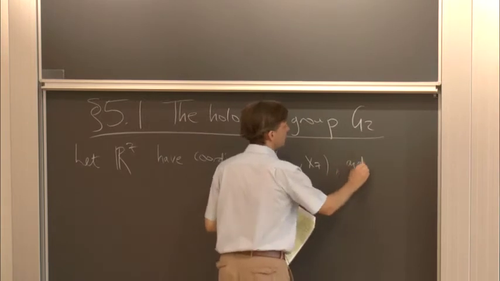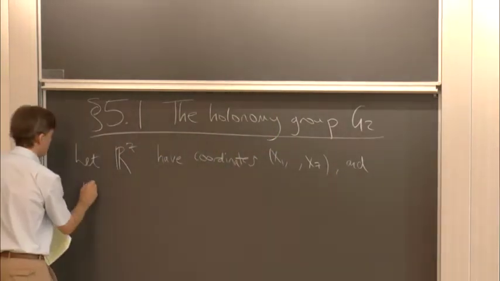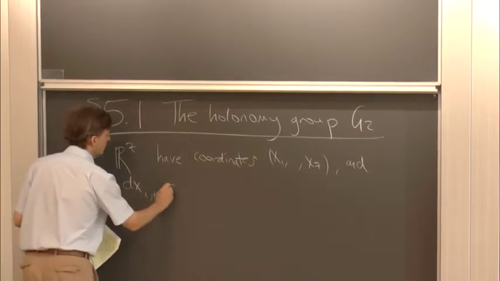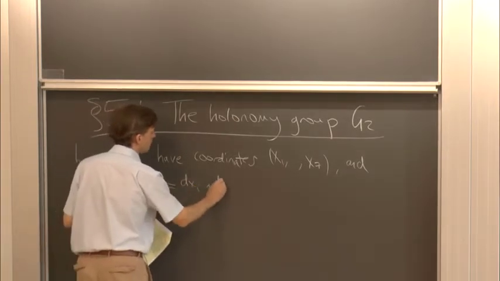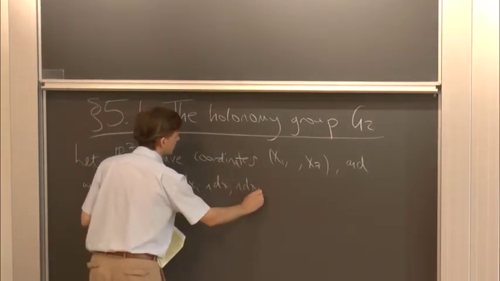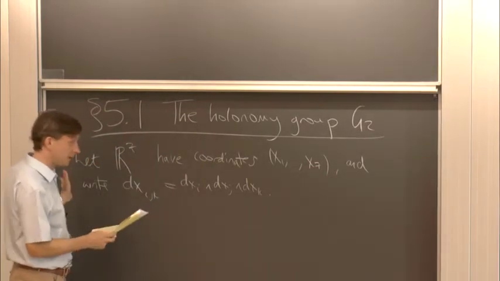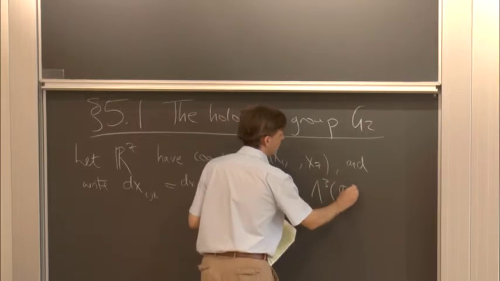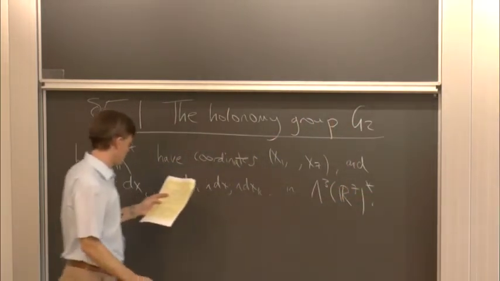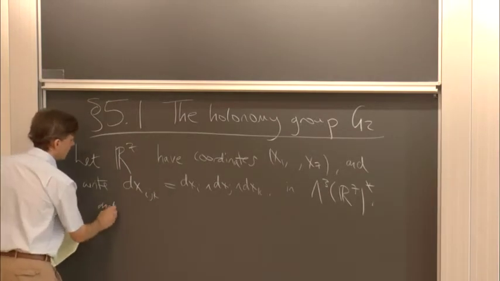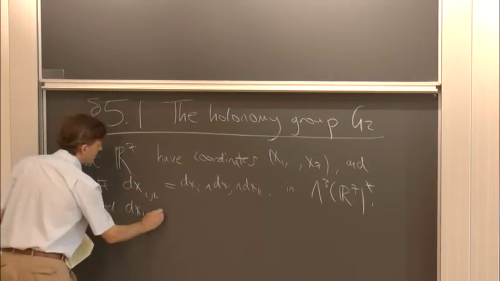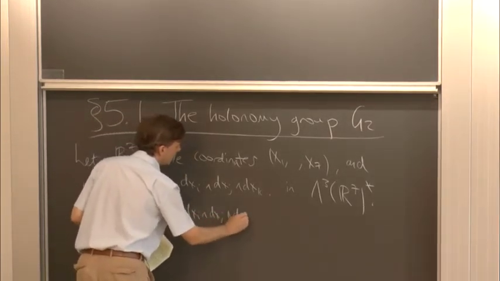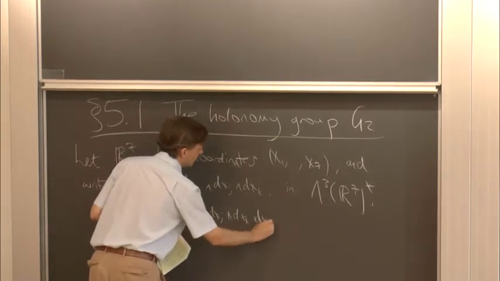And as a shorthand, let's write dx_ijk for dx_i wedge dx_j wedge dx_k, as your standard three-form in the three-forms on R7. And dx_ijkl is dx_i wedge dx_j wedge dx_k wedge dx_l in the same way.